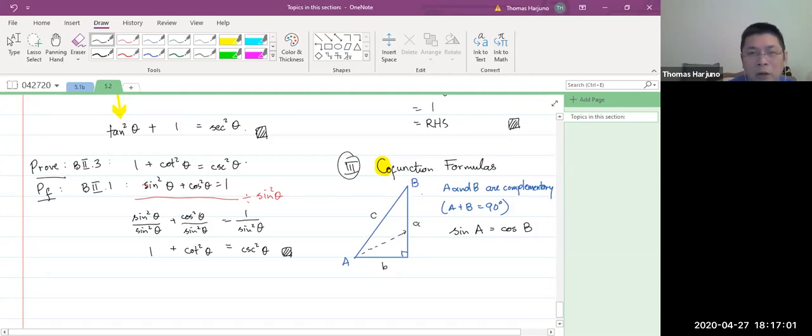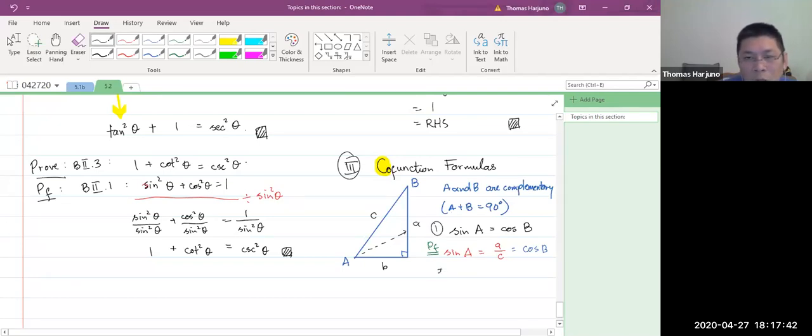But at the same time, from the angle B point of view, that's a over c also, which is cosine B. I hope you can see that, right? That's a little proof. Okay, now this is the first one.